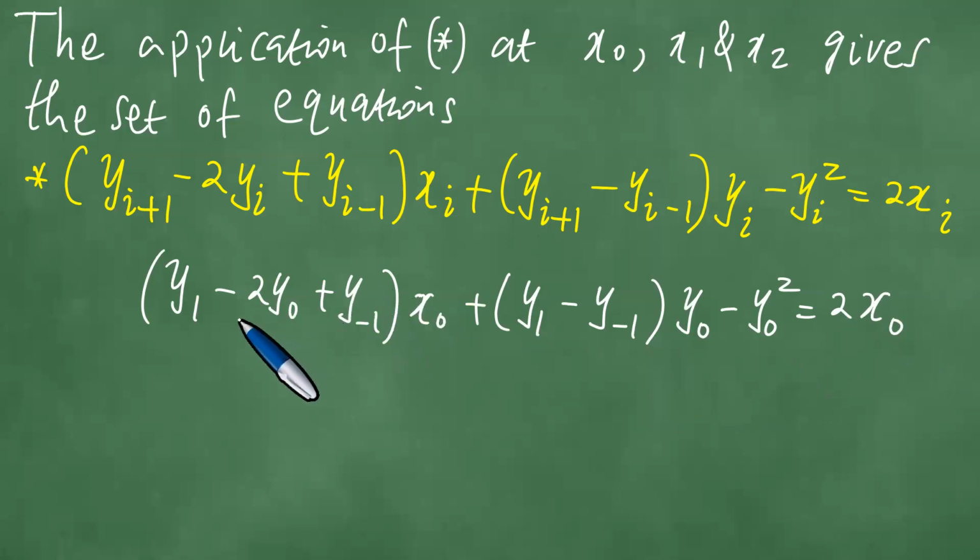Now this one is at the point where we don't need to solve this, but we need to find these equations. But now this is where i is 0.